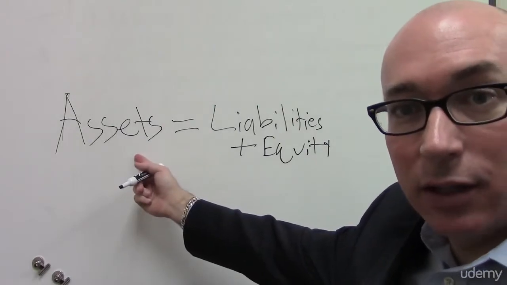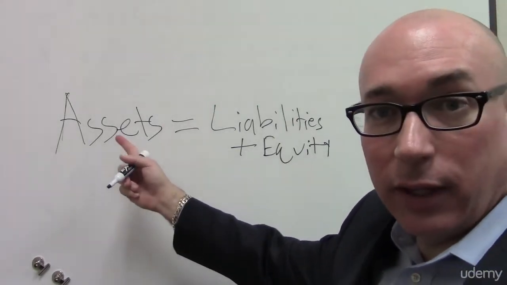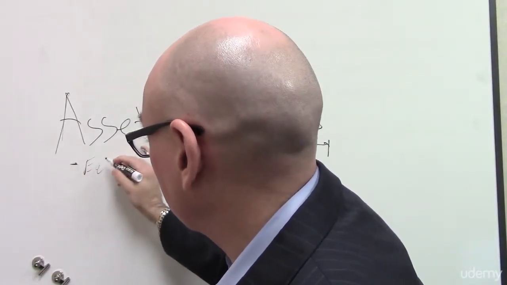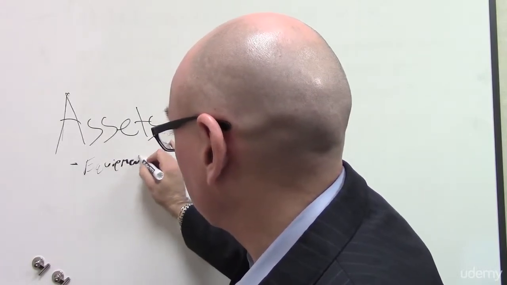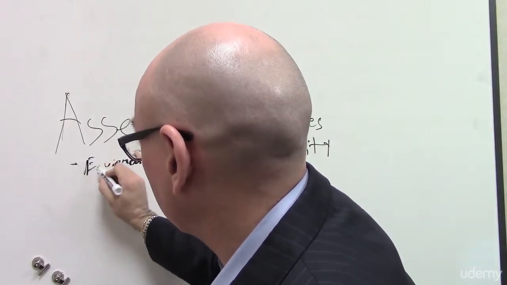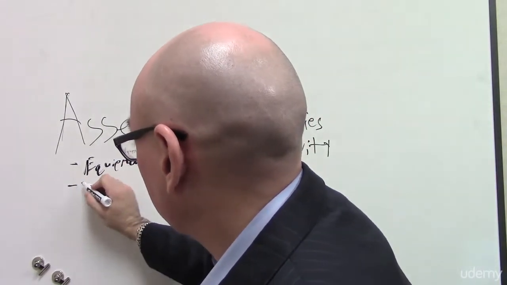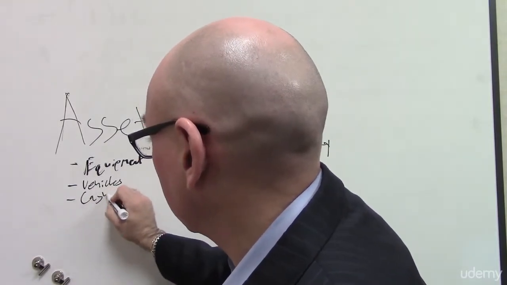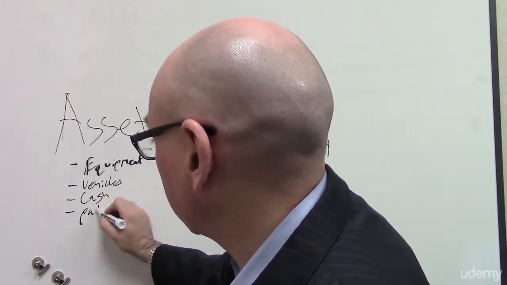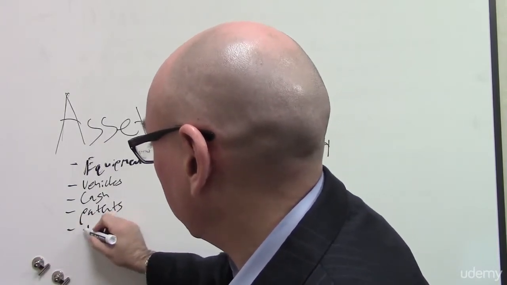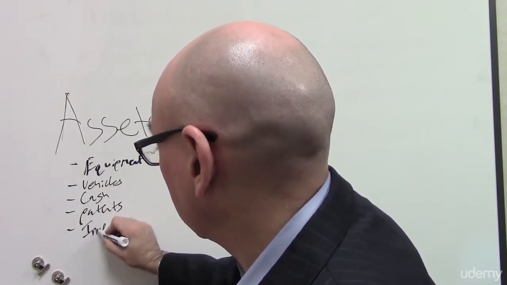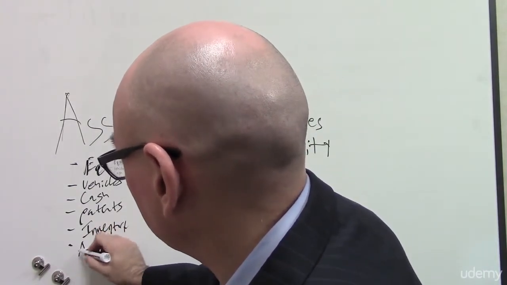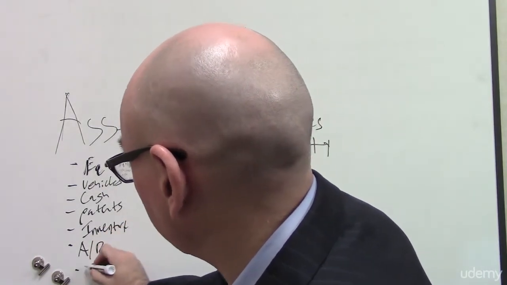We have assets, which are the stuff, the items, such as equipment, vehicles, cash, patents, inventory, accounts receivable, and investments.